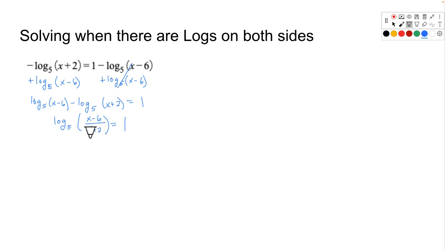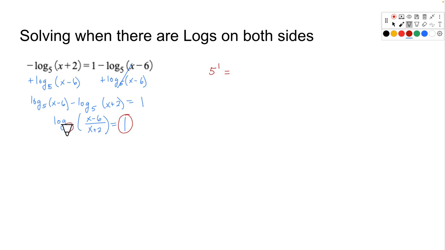And now we can change the logarithm into an exponential by doing what I refer to as the log dance. The base remains the base. The answer of a log question, remember, is an exponent. So that gives us that 5 to the first power is now equal to the inside part of the logarithm.